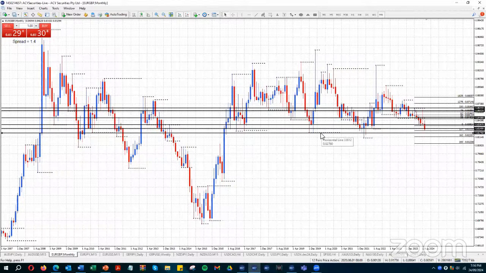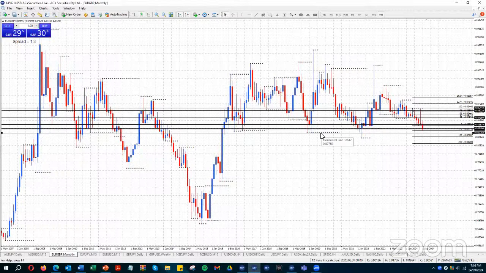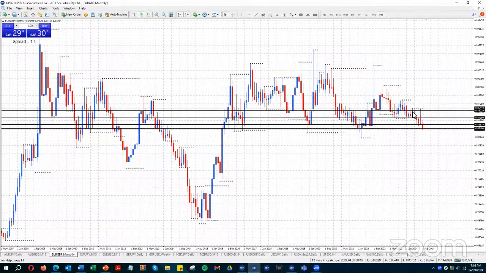Next level further down is 82.76. So the monthly trend down, it's broken below the area that it was getting support from. And you can see that if all you did is look at the monthly chart, it is lower top, lower bottom, came up for a lower top, and now we've broken below last month's low.